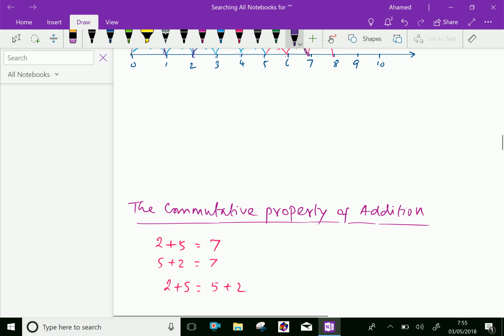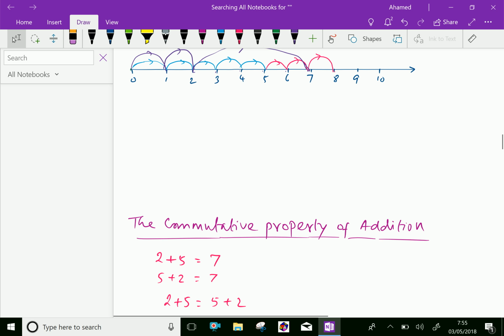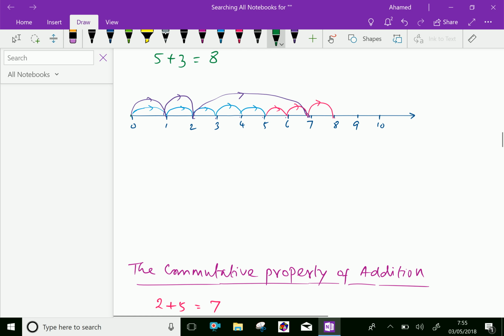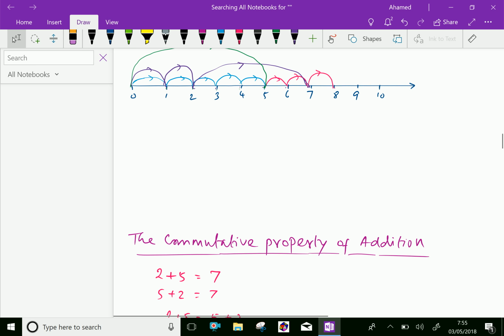Suppose we go back and do it in reverse order. First 2 units, whereas before we had done 5 units first. We'll change the color here. Another 5 units, 1 2 3 4 5, and from 5, the end point of the first number, then go another 2 units.